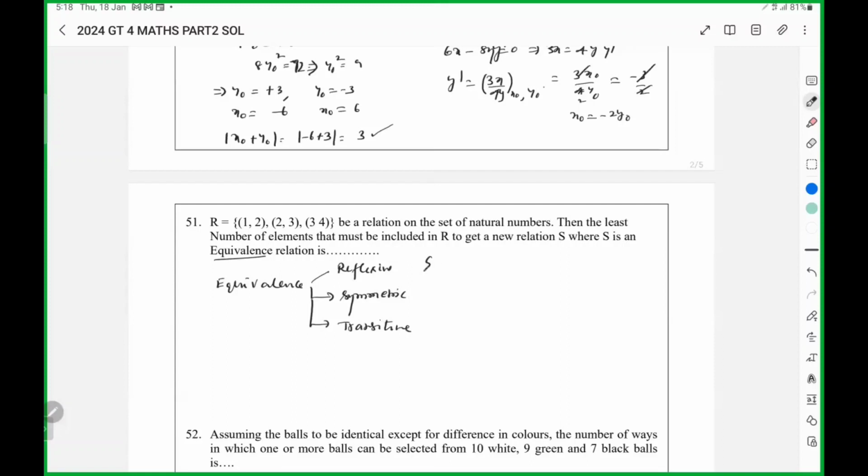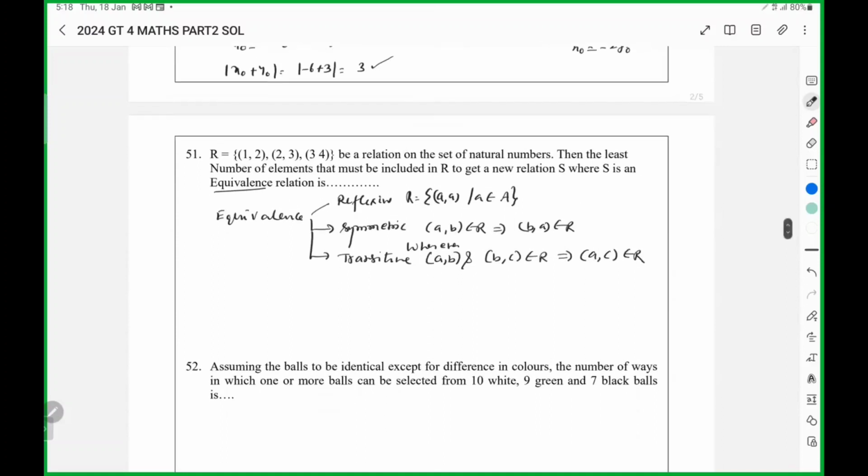So reflexive property: set of all ordered pairs, for all a belongs to A, a comma a is there in the relation, that is reflexive. So whenever ab is there in the relation, ba must be there. Whenever ab and bc are there in R, ac must be there in R.